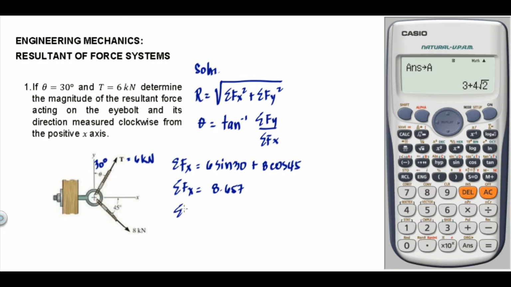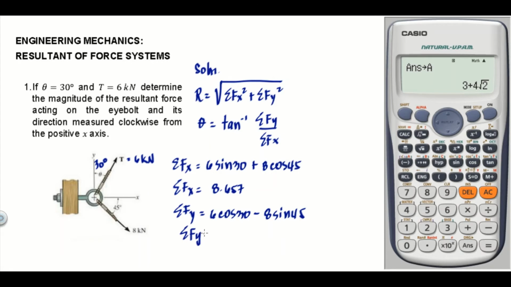Okay, summation of forces along y is, so the y component of 6 kilonewton is 6 cosine of 30, and the y component of 8 kilonewton, so downwards, no? So minus. So 8 sine of 45 degrees.